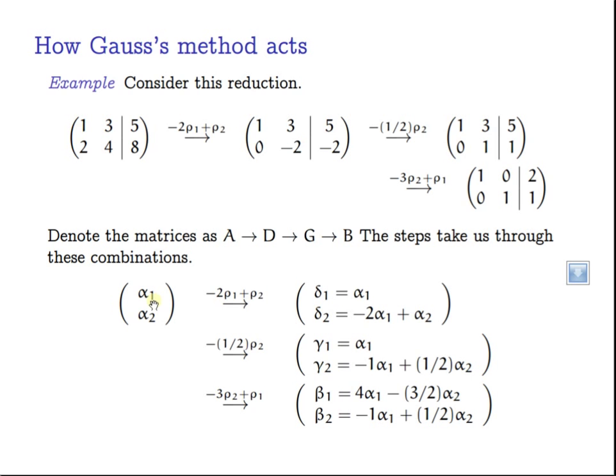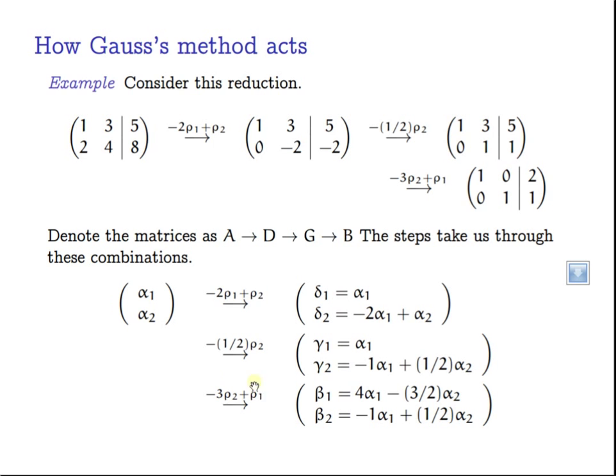If I continue this process and I apply this row operation to this sequence of rows, this row operation does not change the first row, so the first row is the same, and in fact it's the same as my original first row. The second row gets multiplied by minus 1/2, which means I multiply this second row here by minus 1/2, giving me this.